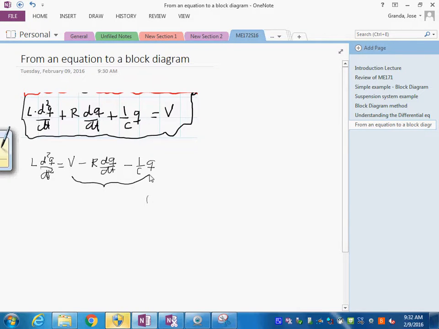You have the result of this is L times d squared q dt squared, and then you have two others. You have this one that says that this is r times dq dt, and of course it's with minus sign, and then you have a minus 1 over c times q, like that.